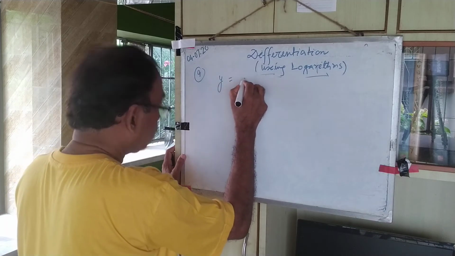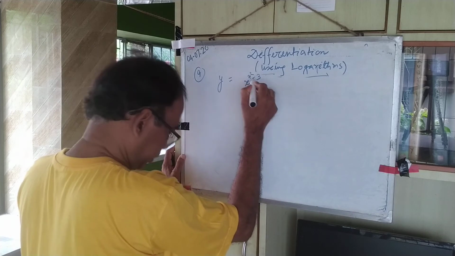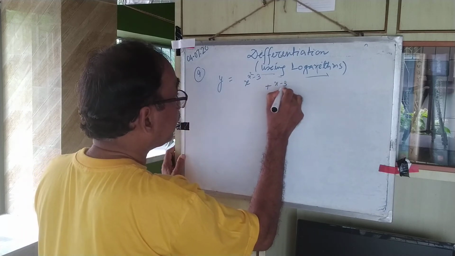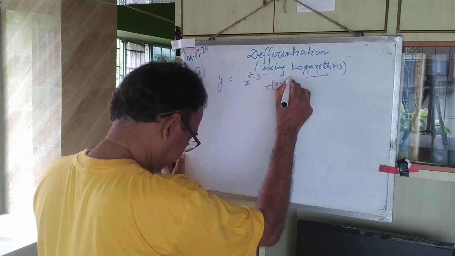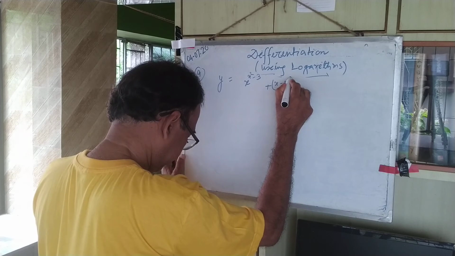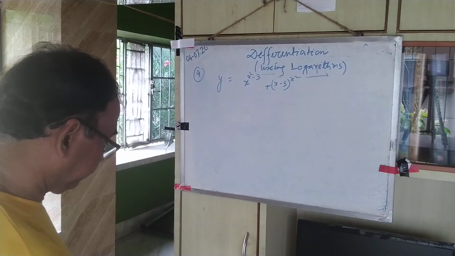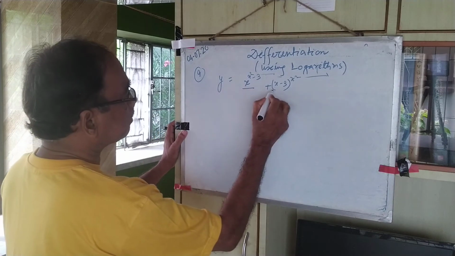Y equals x to the power (x square minus 3) plus (x minus 3) whole to the power x square. This is u, this is v.